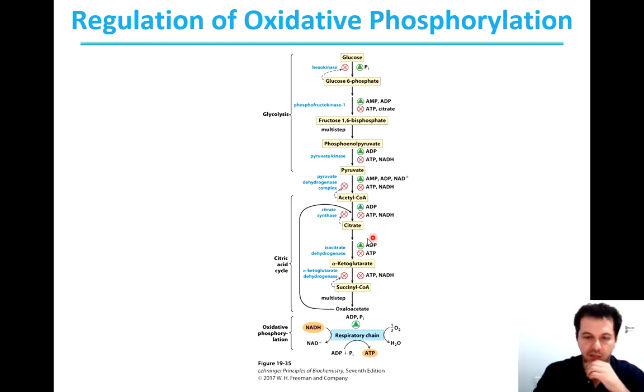For example, in the case of citrate or acetyl-CoA, instead of being used by respiration, it is going to be used by the fatty acid pathway. So it means that if you have a lot of ATP being produced, which can be the case with excess glucose intake, instead of respiring this glucose, you are going to synthesize fatty acids.